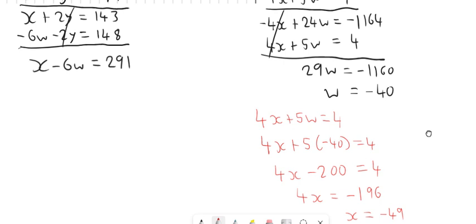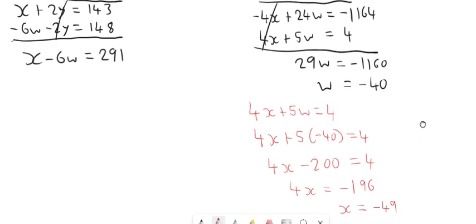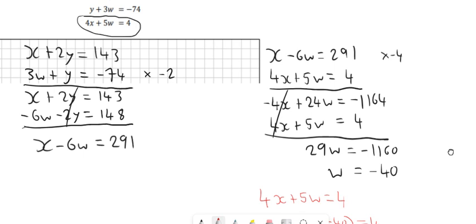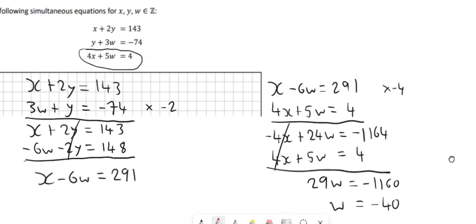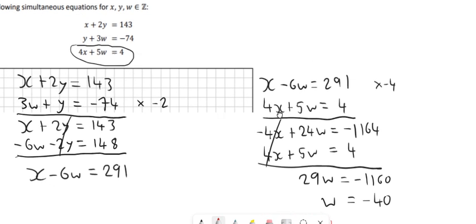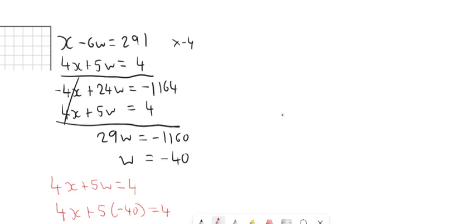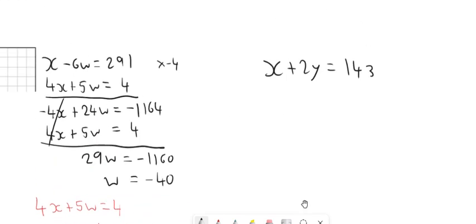And then we just have one thing left to find, and that's y. So we have w and x, so we just need to find out what y is. So I take the top equation there, x plus 2y is 143. Now I know that my x is minus 49, so minus 49 plus 2y is equal to 143.